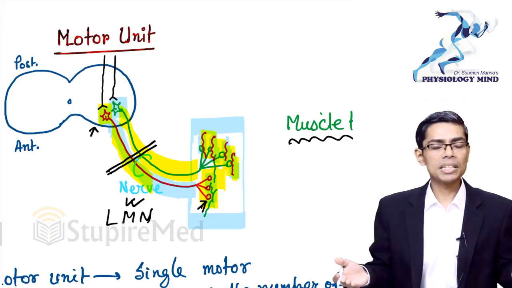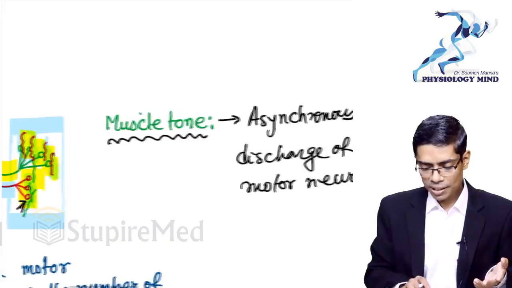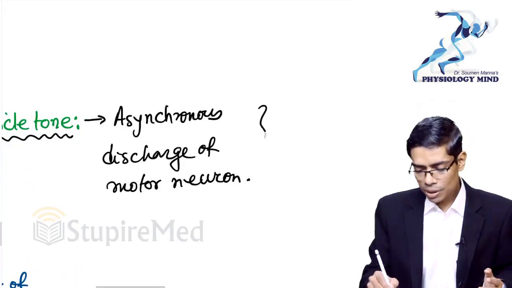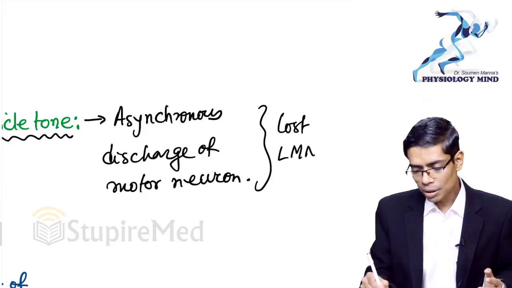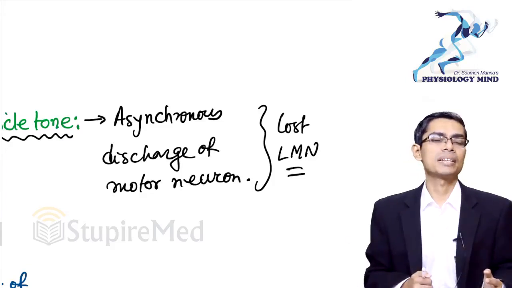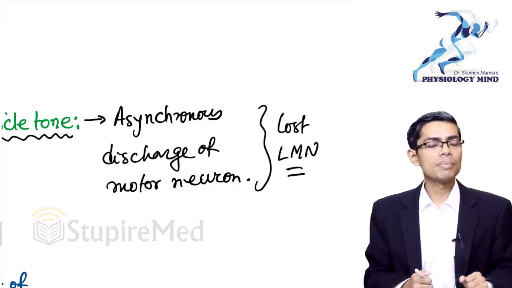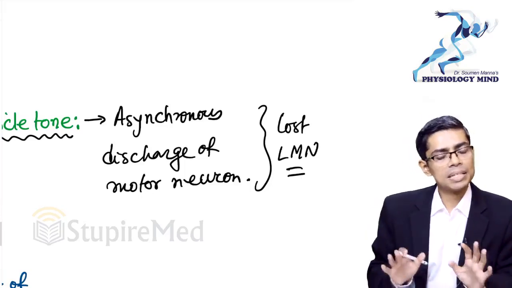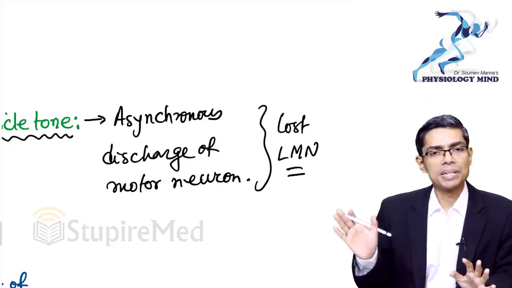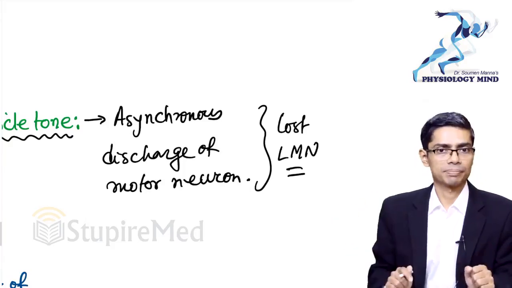Obviously the muscle will not remain in a contracted state. That's why we say muscle tone is lost in lower motor neuron damage. That is the concept of muscle tone and lower motor neuron here. The detailed concept of lower motor neuron will be discussed in the central nervous system topic.